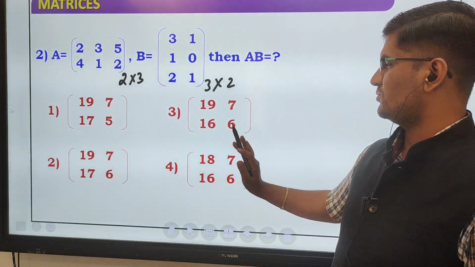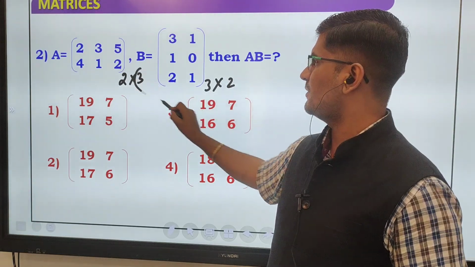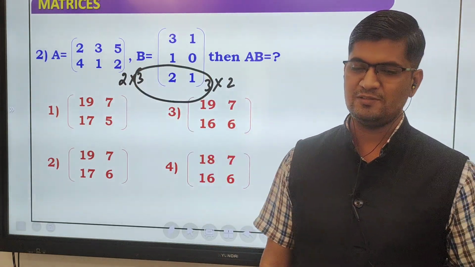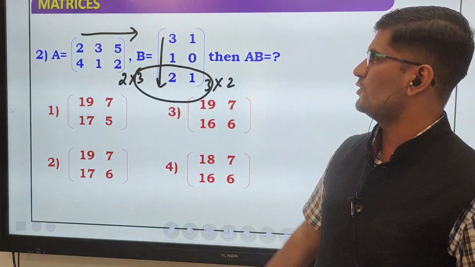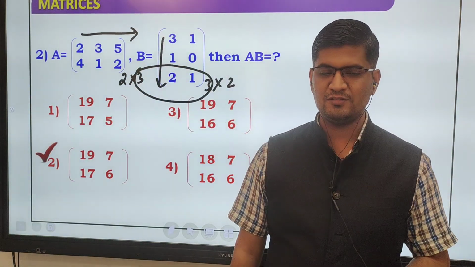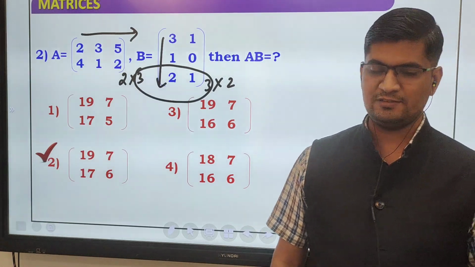So 2:2. Yes or no? So multiplication is possible. Then 2:3. Okay, fine. Correct answer.